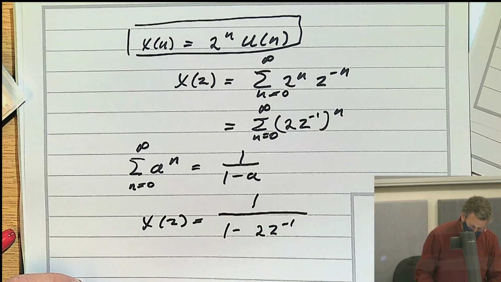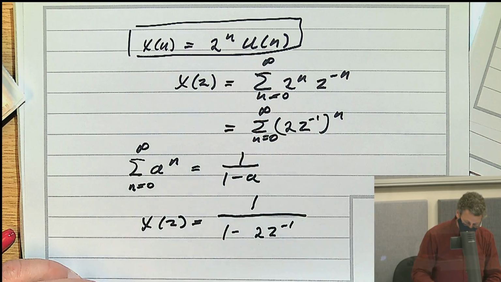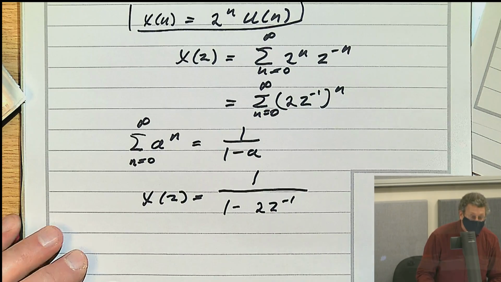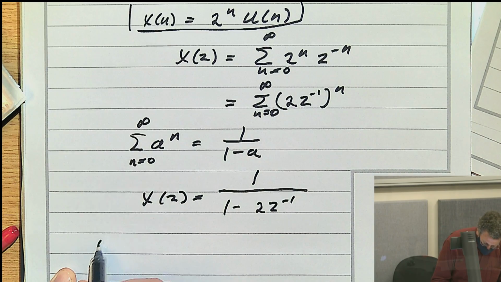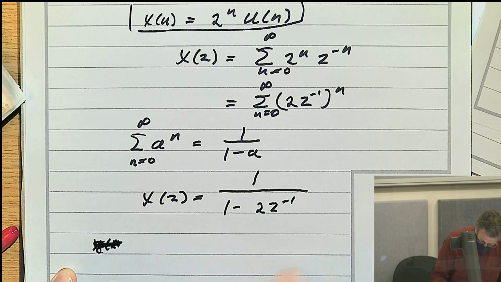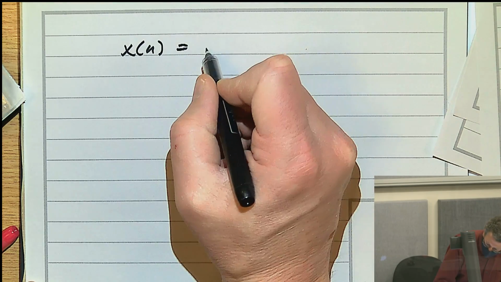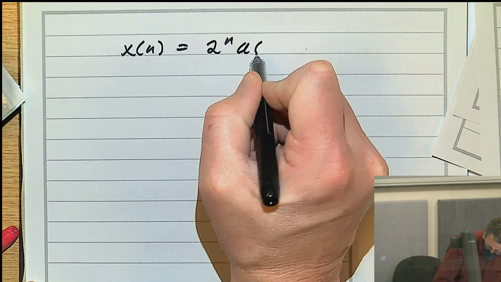Okay, the point I wanted to make is that this thing has no... so x of n equals 2 to the n times u of n.